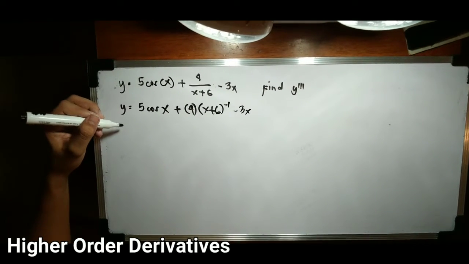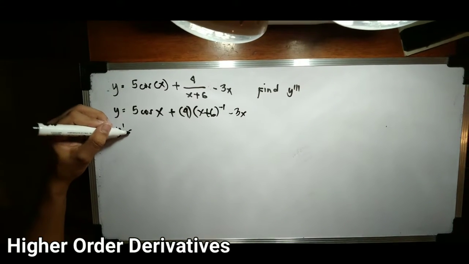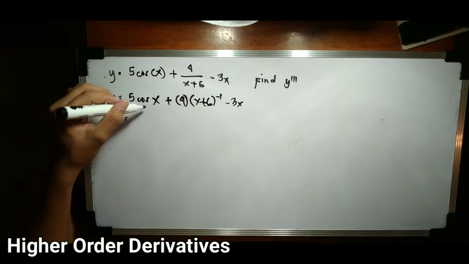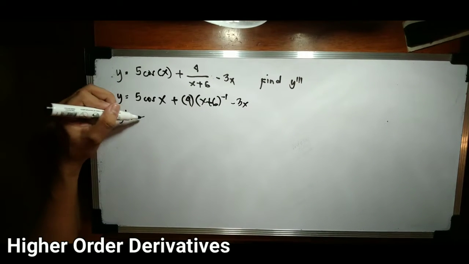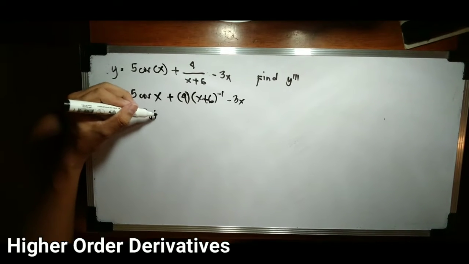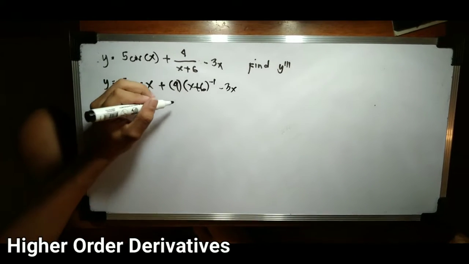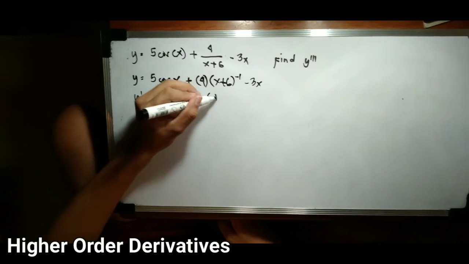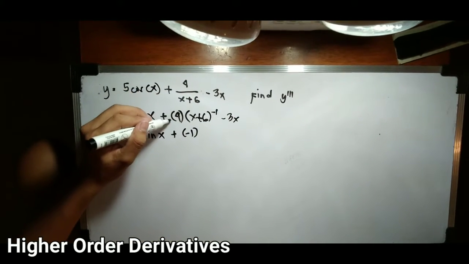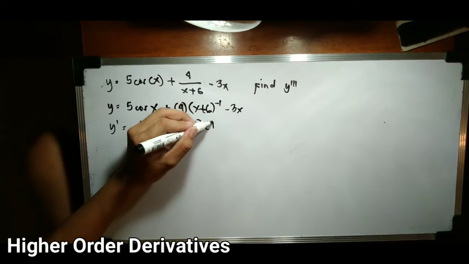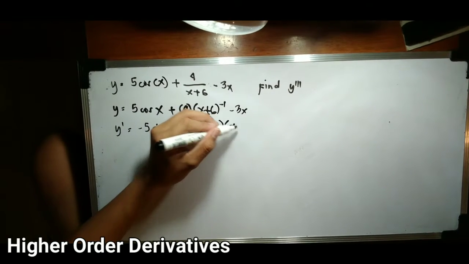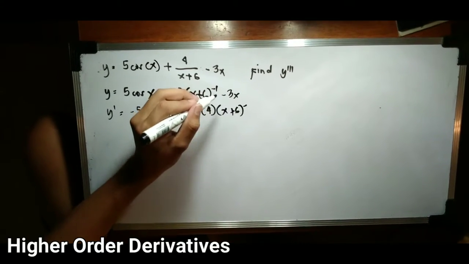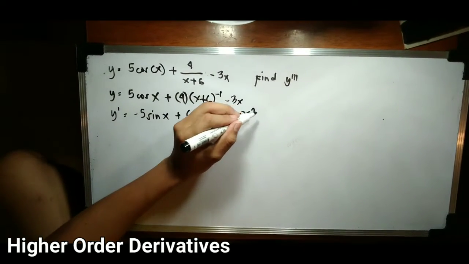So we can now get our y prime, or our first derivative. So the derivative of cosine x is negative sine x. So we can write this as negative 5 sine x plus negative 1, due to the fact that this exponent will be transferred here, multiplied by 4 times x plus 6 raised to negative 1 minus 1 is equal to negative 2.